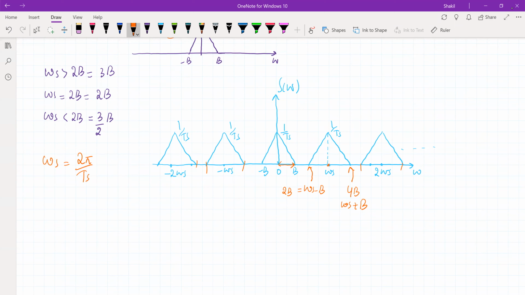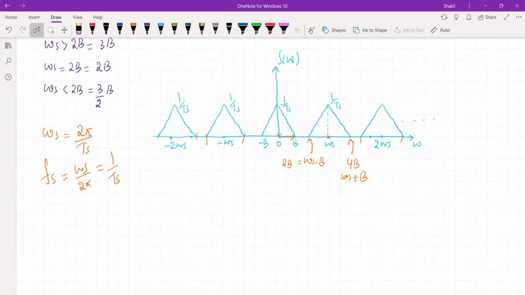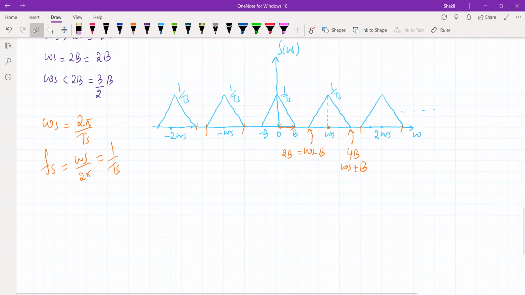So what should this omega s give you? The relationship between omega s and Ts is 2 pi, so you can say this is 1 by Ts. So Ts is the sampling time, fs is the sampling frequency, meaning the rate at which you are sampling the time domain signal. Now let's plot it for the second case, when omega s is exactly equal to 2B.